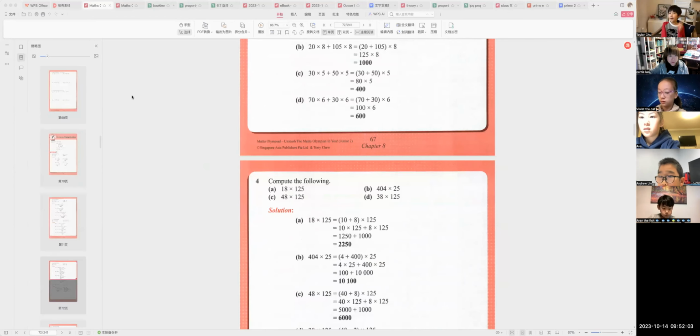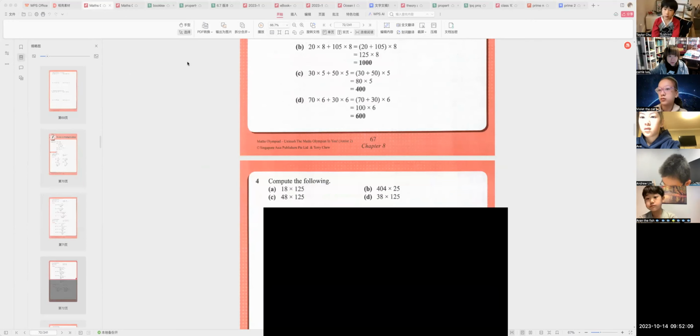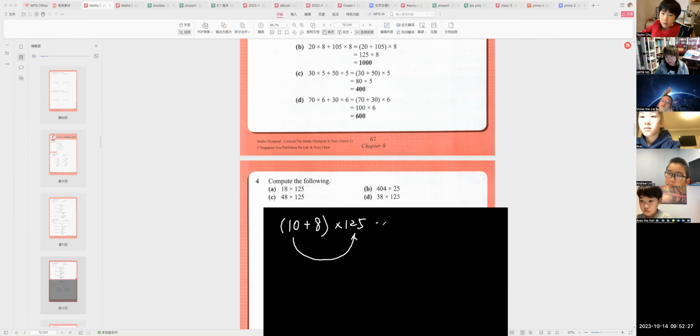Okay, so now let's go and take a look at this one. So we have 18 times 125, right? So we all know we don't want 18, we want 8. So how do we do it? We make 18 equals 10 plus 8, times 125. Can we do that? Yeah. Okay, so 10 times 125 equals what? 1,250.